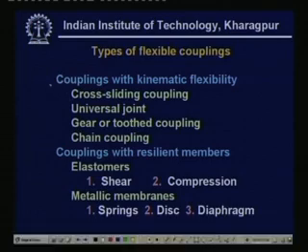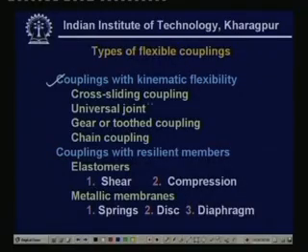One is the couplings with kinematic flexibility. That is, the flexibility of the coupling is made by having some kinematic pair inserted between. So, depending upon the kinematic pairs, the couplings may have different kinds of flexibility.